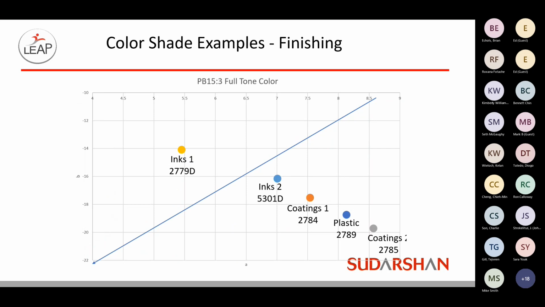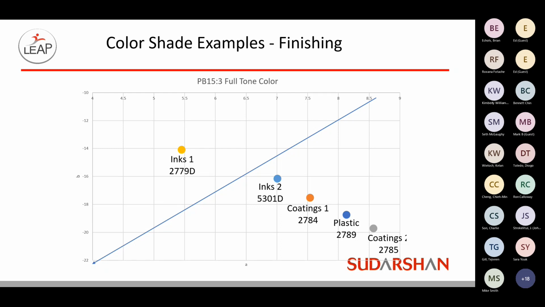In the Pigment Blue 15.3 space, where we had 5 products in the evaluation, here we see the one inks grade that had some lesser properties in other areas also provides the most green color shade in this plastics evaluation.